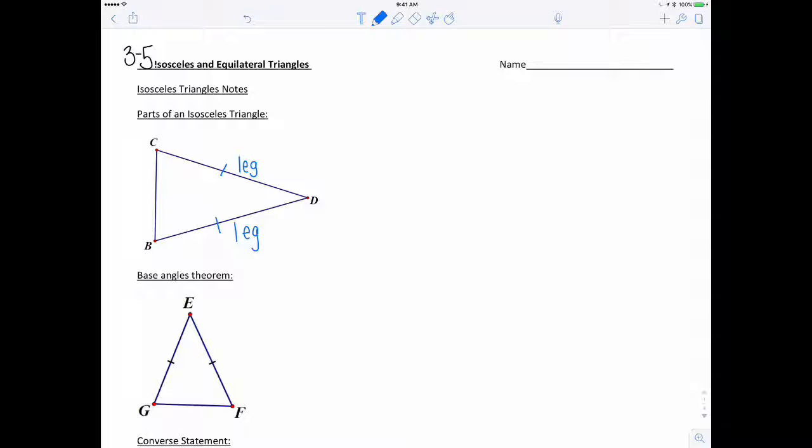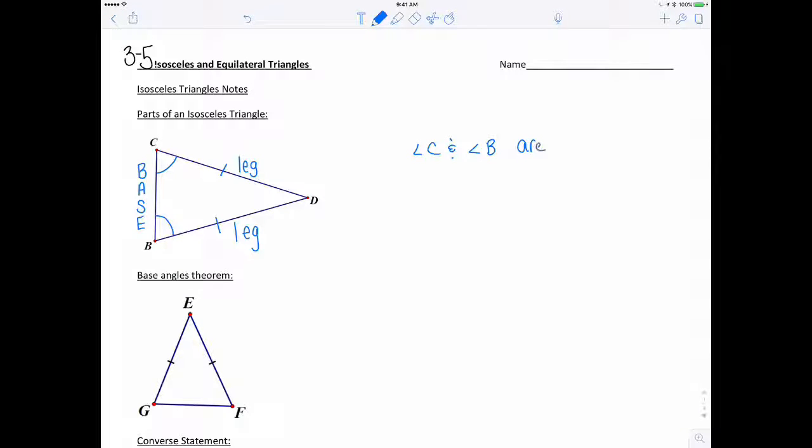And then the other side that is not congruent is what we refer to as the base. So you'll notice that the base is not necessarily at the bottom of the triangle, it's on the side here. Base just means it's the non-congruent side. On either side of the base, you'll find two angles. So angle C and angle B are known as the base angles.